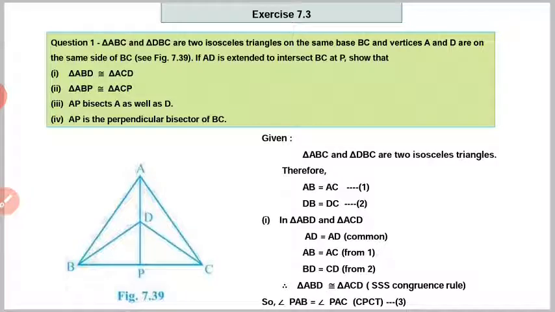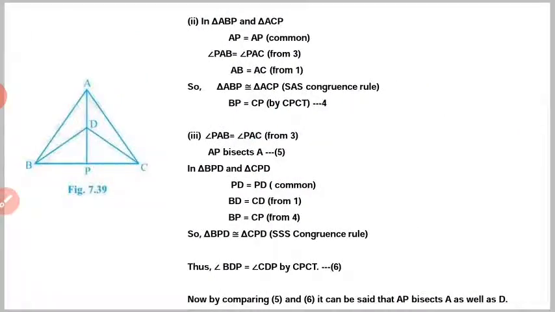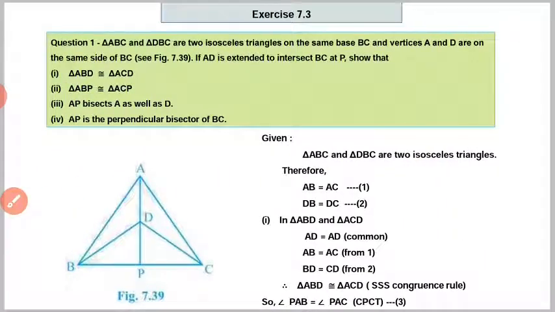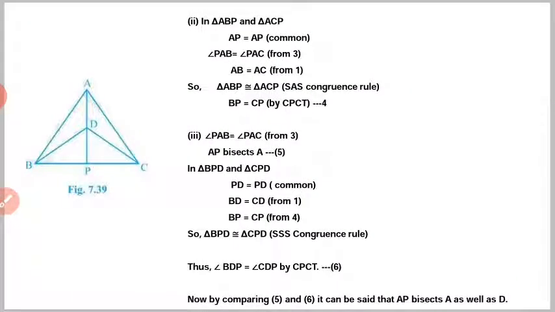Now the third thing we have to show: AP bisects angle A as well as angle D. Since we see here that angle PAB is equal to angle PAC, this was shown as triangle ABD and ACD were congruent, and now triangle ABP and ACP are also congruent.